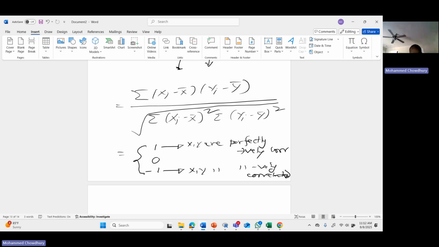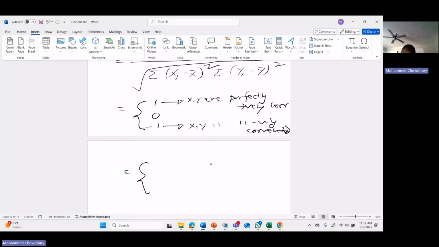Okay, and then if there is a value of positive 0.90 and above, and less than 1, then they are highly positively correlated. If the r value is less than negative 0.90 and greater than negative 1, then this is called highly negatively correlated. Now if it ranges from 0.75 to 0.90, then fairly positively correlated.